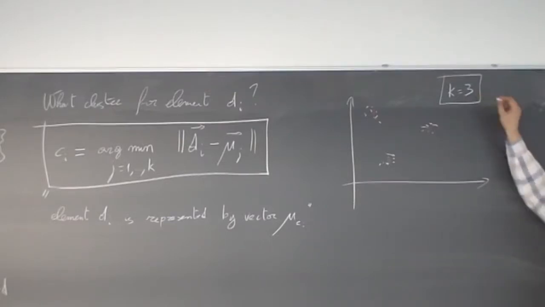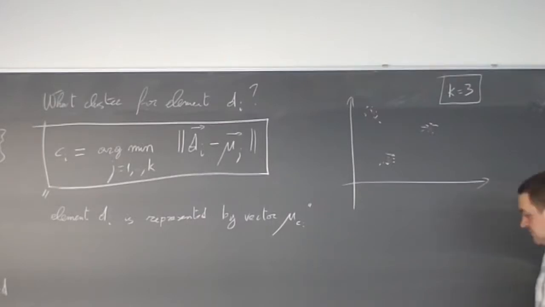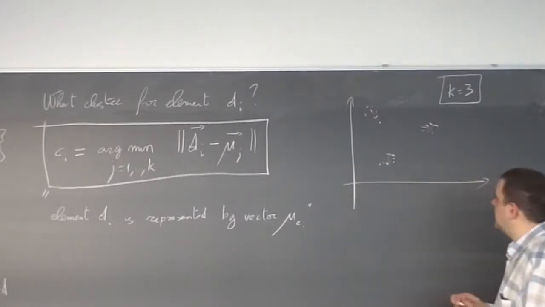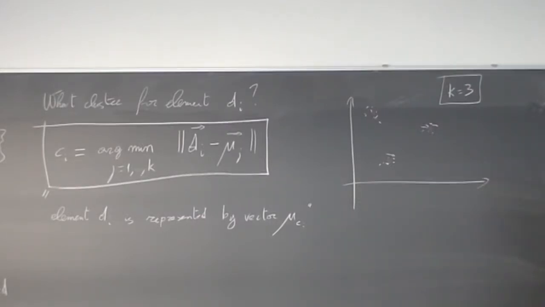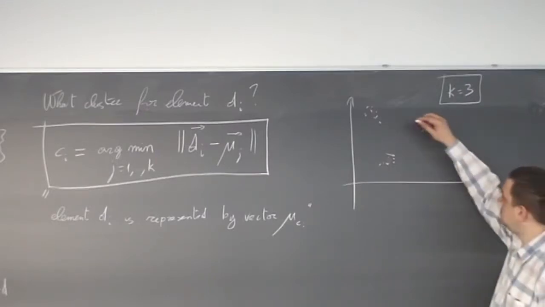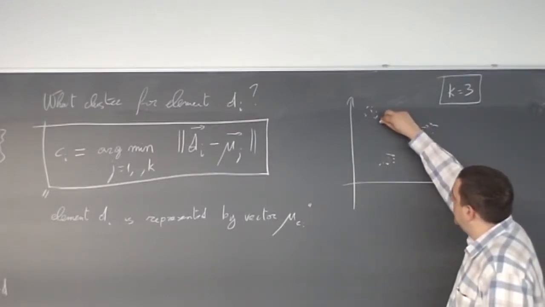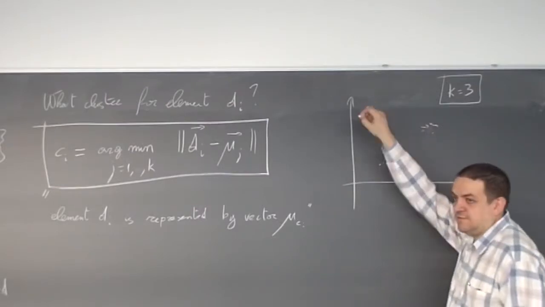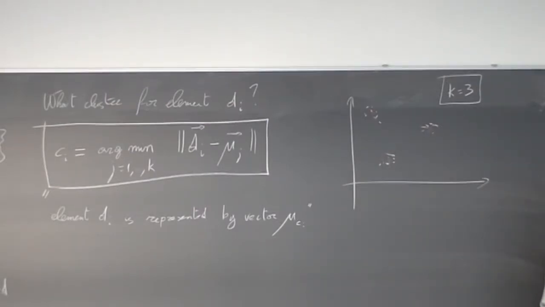If we are lucky, this number will work, otherwise not. We shall see what can be done in that case. So the first thing that we can do is simply decide arbitrarily the cluster of each of these elements. It's one possibility.